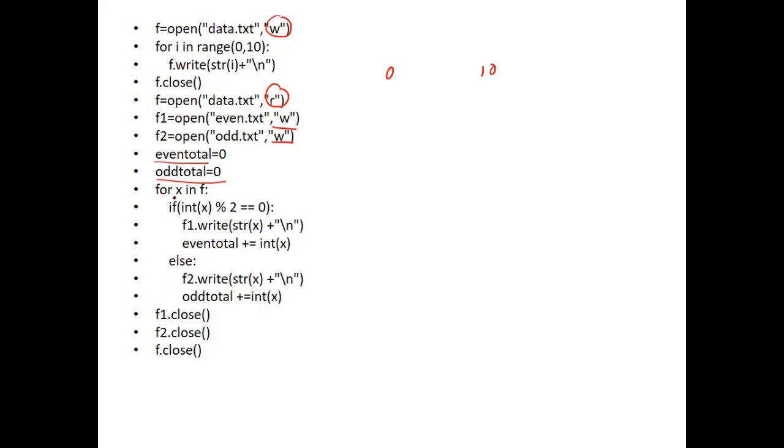Then you're giving two variables, even total equal to 0 and odd total equal to 0. Now, for x in f, so for each number in f, you're converting it into an integer and taking a modulus of 2. If it is equal to 0, that means it is an even number. So you're writing it to f1, and then you're adding it to the even total.